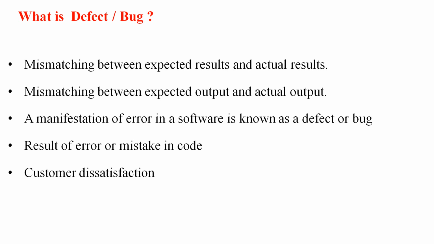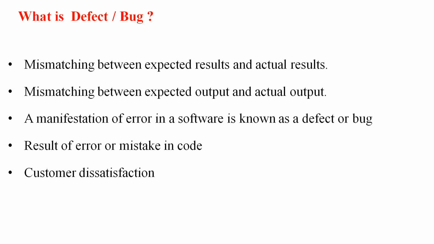If you want to define the defect in a different way, you can use the rest of the three definitions: a manifestation of error in the software, or a result of error or mistake in the code, or customer dissatisfaction with respect to this project. Customer means client, and any dissatisfaction is also called a defect or bug.